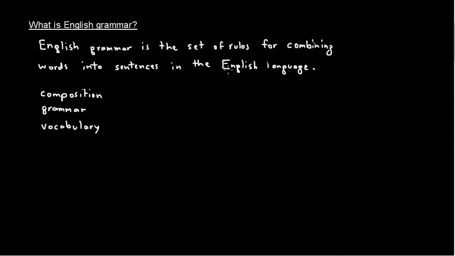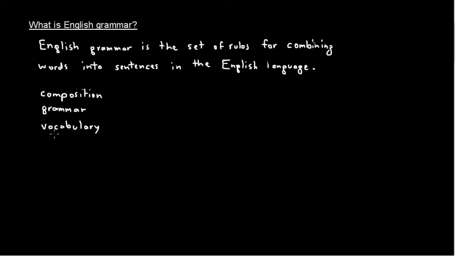There's a French grammar, and there's a French language, and there's French vocabulary. But in English, the vocabulary is the list of all the words in English, and that is a constantly changing list.